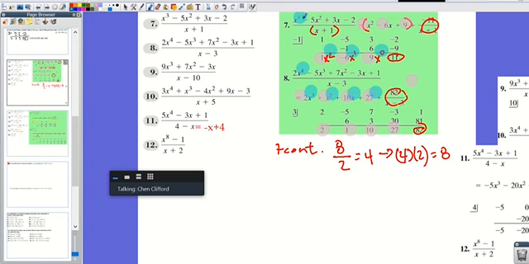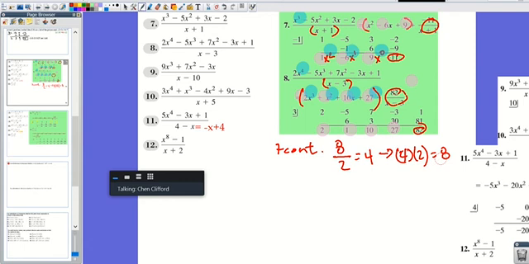The largest exponent was 3, so you go 2, 1, 0. The main idea I want to drill home is that if you multiply this answer with this parentheses, you should get back to the original problem, just like if you multiply this answer by the 2, you should get back to the 8.